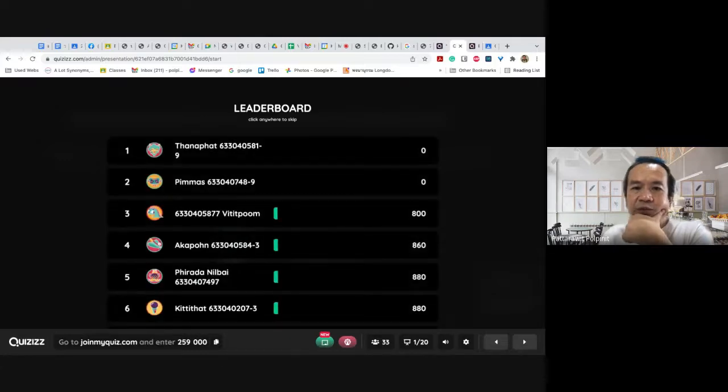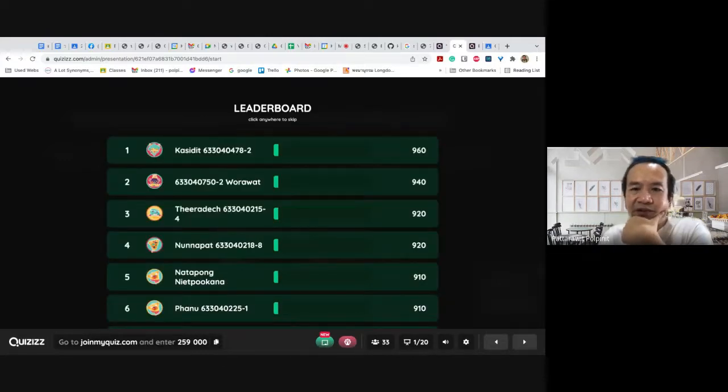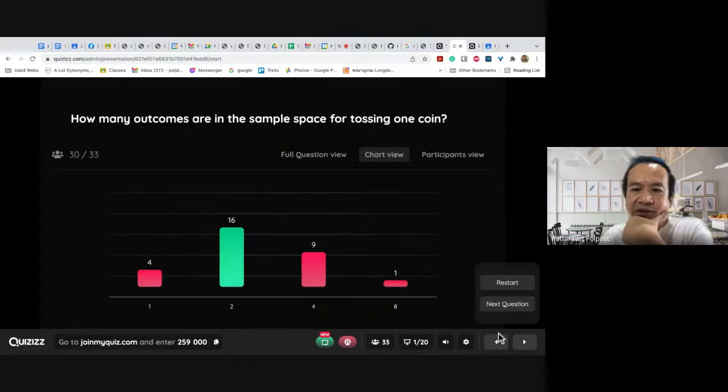Okay, how many outcomes are in a sample space? We talked about this in the earlier slide. An outcome is the result of throwing one coin. A sample space is the set of all possible outcomes, so the question is asking how many possible outcomes there will be.